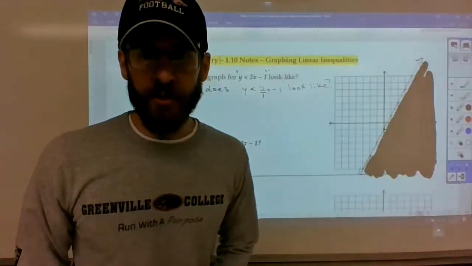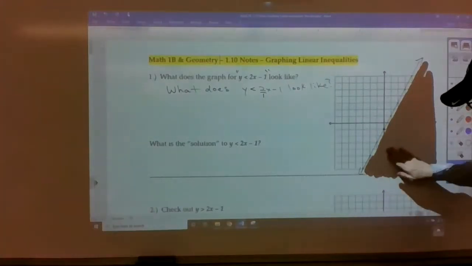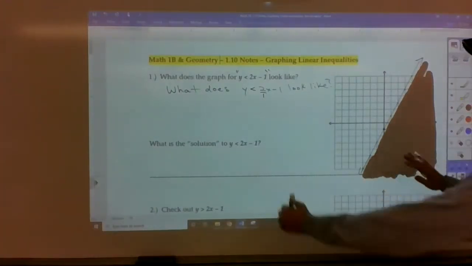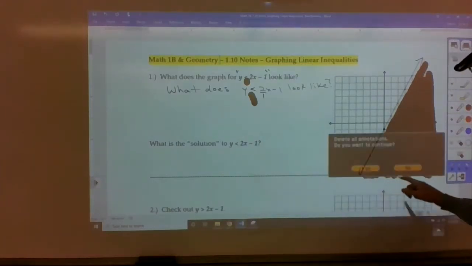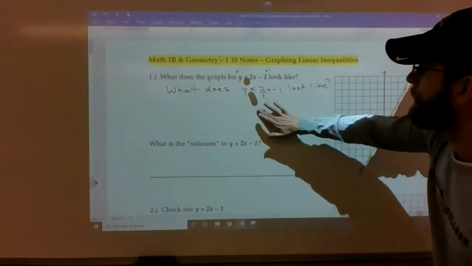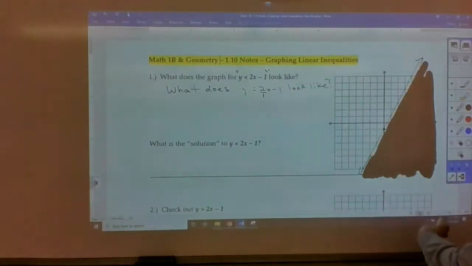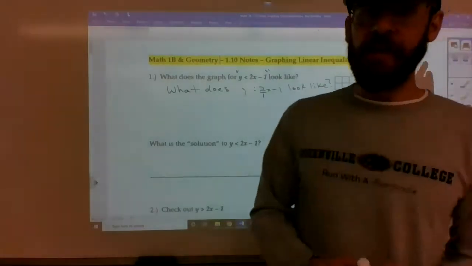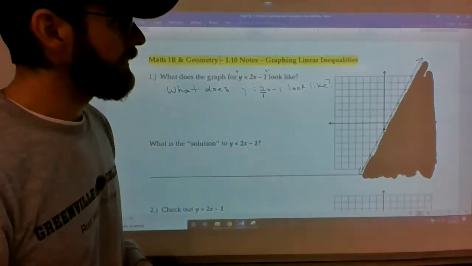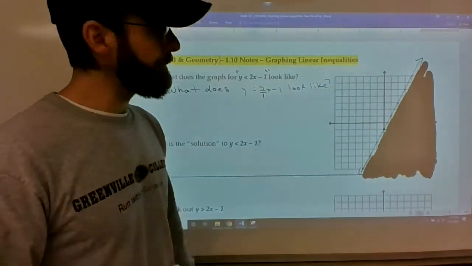So what you got to do on this homework is you got to shade. Less than means underneath the line. So you've got to draw the line and then shade underneath it.